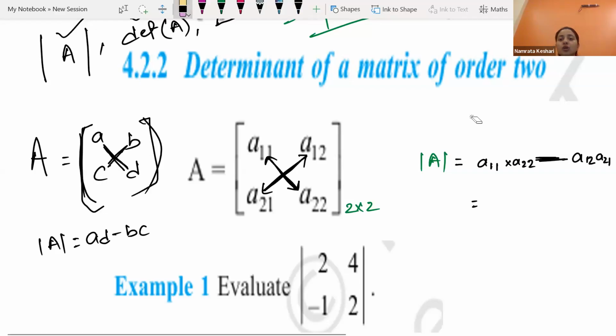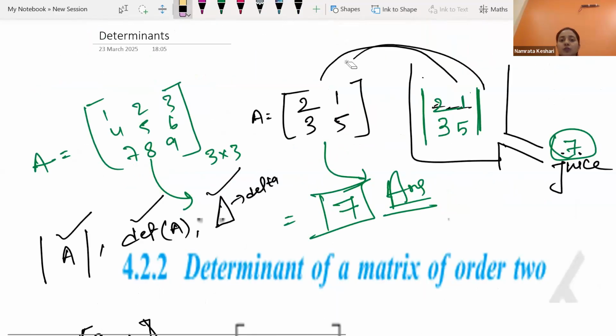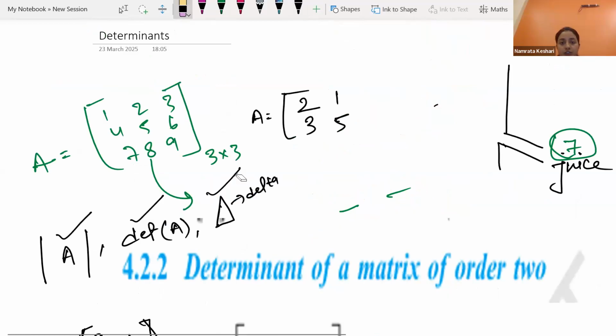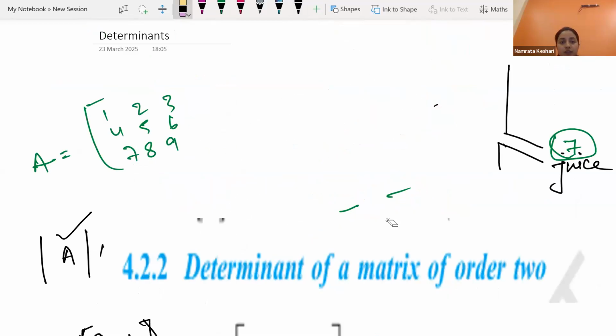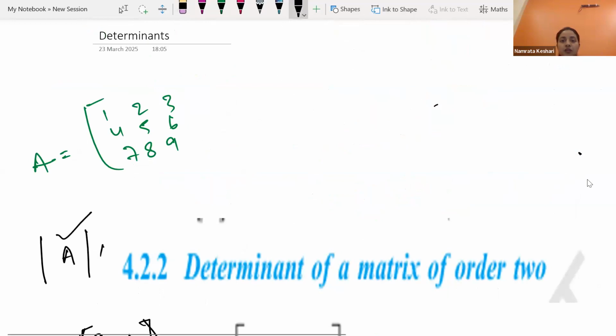Okay. Now, one concept have you learned, Kiran? Let me write it over here only. Suppose your linear equation is a1x plus b1y equals c1, and one more equation you have a2x plus b2y equals c2.